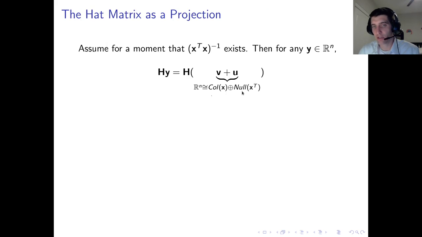So when I do HY, I can write Y as the part that's in the column space and the part that's in the null space of X transpose.